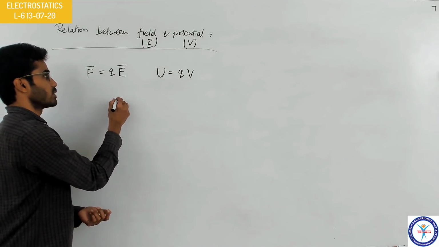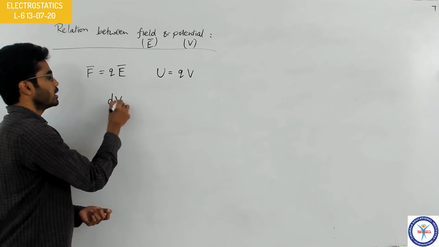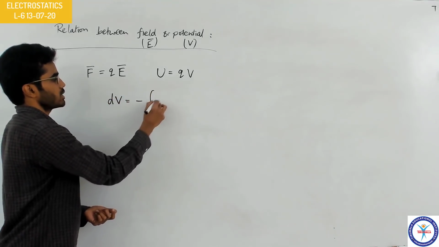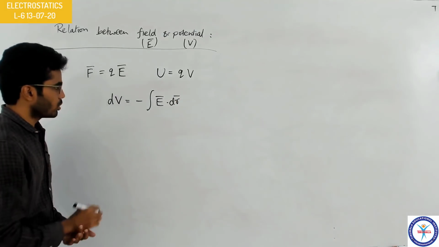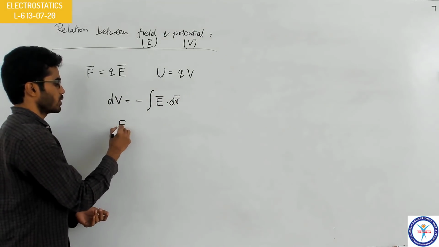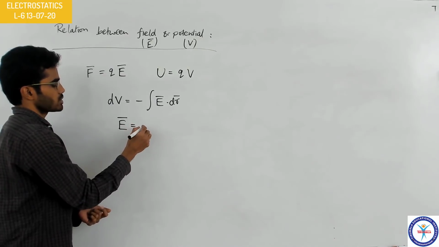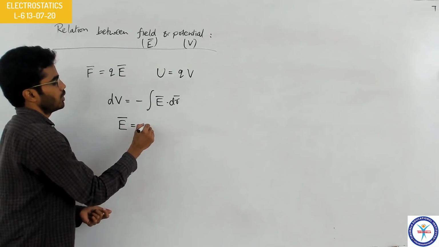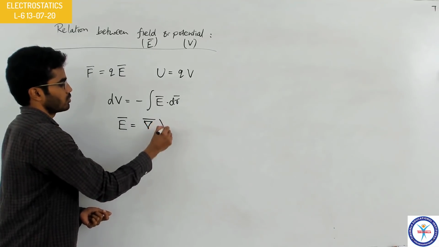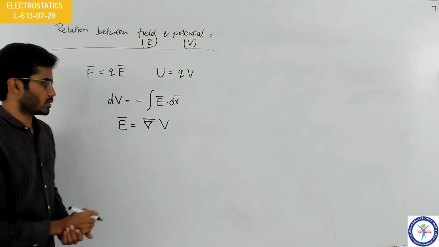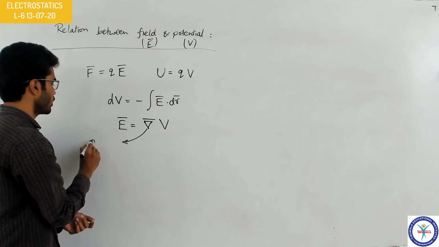It's given by this: dV is minus integral E dot dr, or you can write it in another way: E bar is the gradient of the potential. This operation is called gradient.